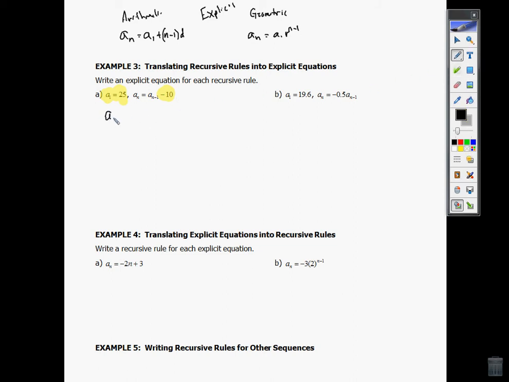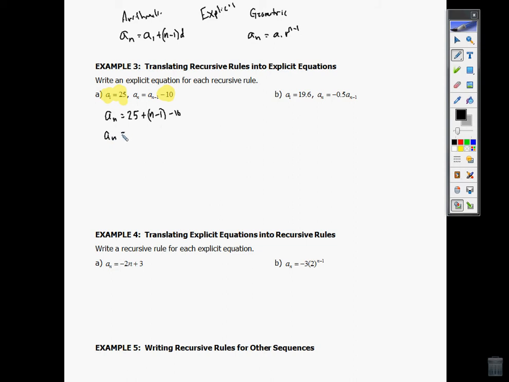So a sub n, and this is the explicit form, will equal that first term, 25, plus n minus 1 times the common difference of negative 10. Now remember, all we have to do is distribute.